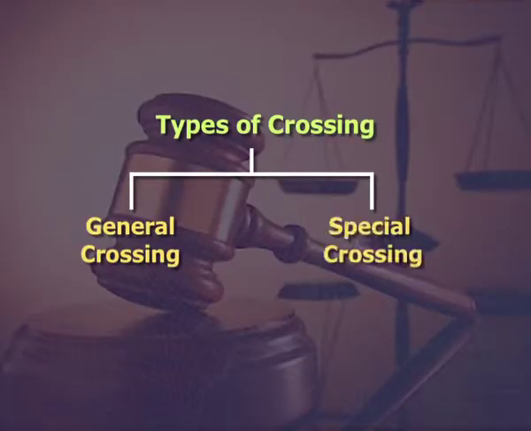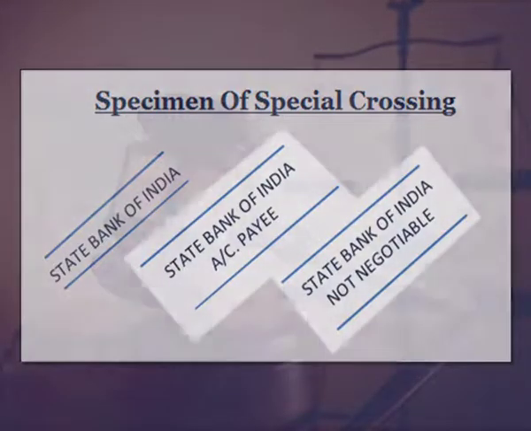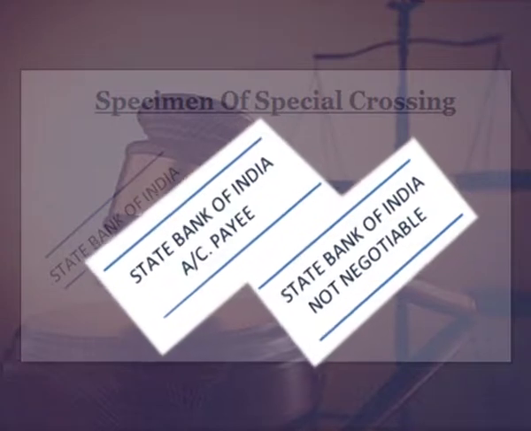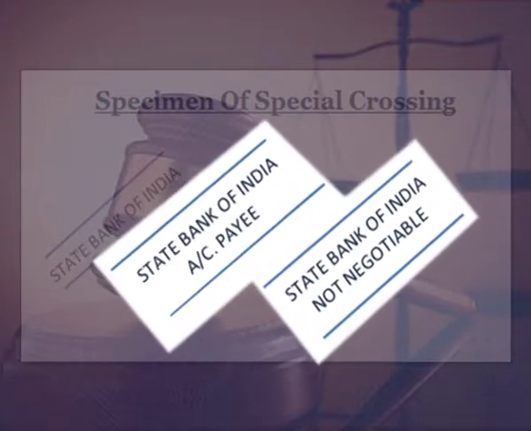Special crossing. When a particular bank's name is written in between the two parallel lines with or without the words "not negotiable," the check is said to be specially crossed. The two parallel or transverse lines are not necessary in case of special crossing. In addition to the name of the bank, the words "account payee" and "not negotiable" may also be written.